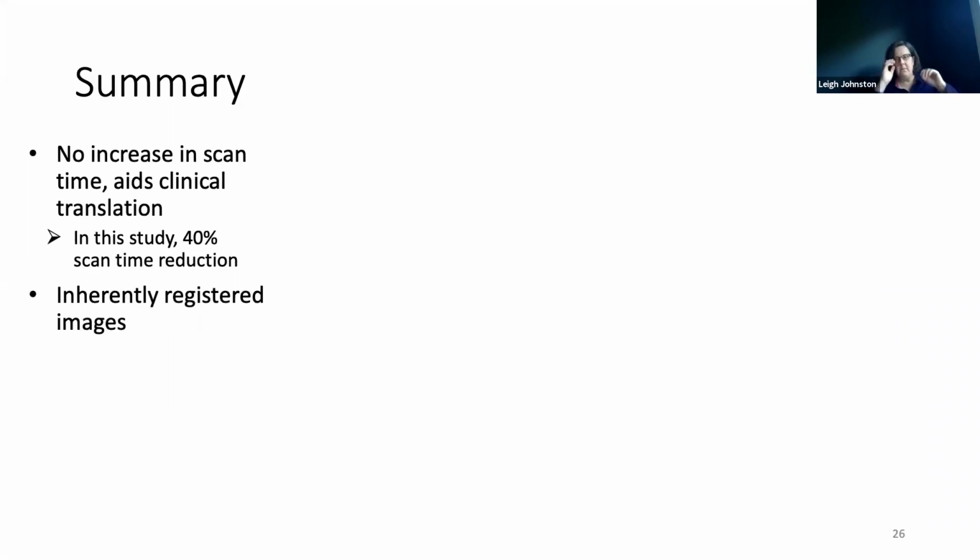Our images are registered implicitly, and this, again, if you don't work with animals or humans, if you don't have anything that moves, this may not actually be such an issue, right? But as soon as you put a living, breathing object in a scanner, every time you image them, even if they don't think that they've moved very much, part of a millimetre will make a difference, right?